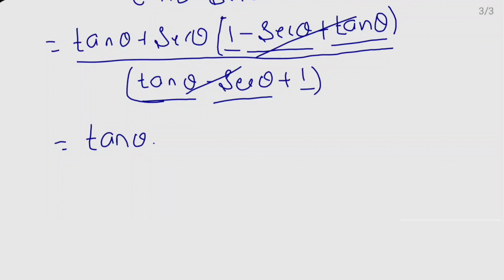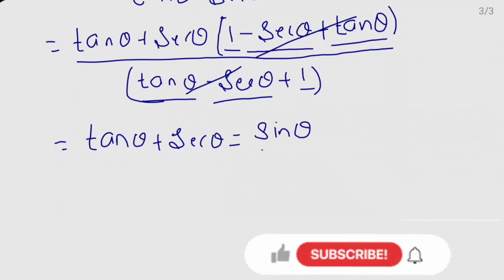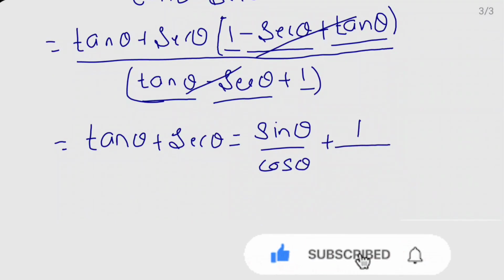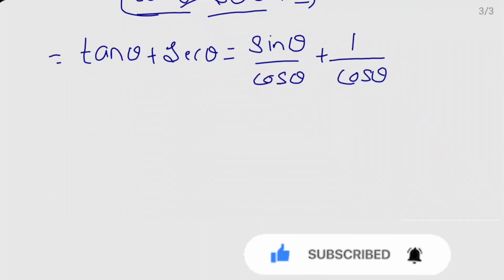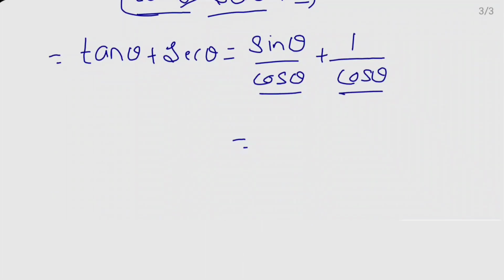tan theta plus sec theta. So this equals, tan theta we can write as sin theta divided by cos theta, and sec theta we can write as 1 by cos theta. And here take cos theta as the LCM.